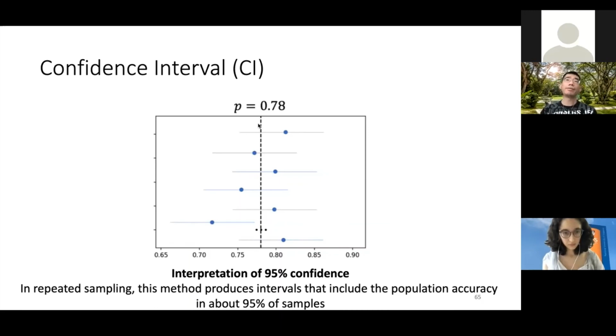And in fact, when we have a 95% confidence interval, 95% of the samples will contain the population accuracy. So 95% is what is called our confidence level. And thus, the interpretation of 95% confidence is that in repeated sampling, this method produces intervals that include the population accuracy in about 95% of the samples, okay?